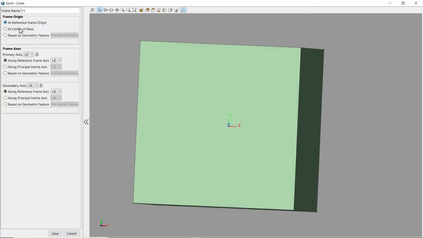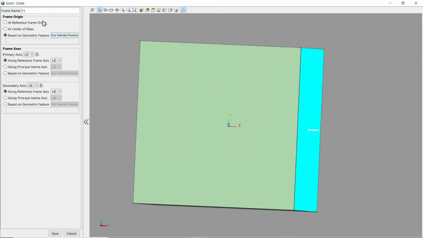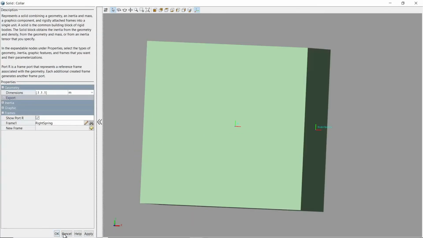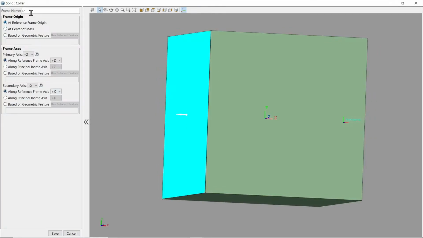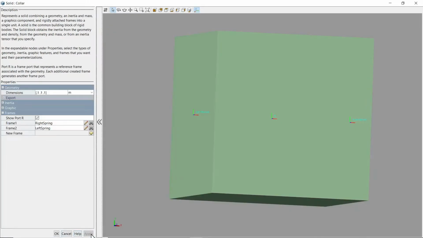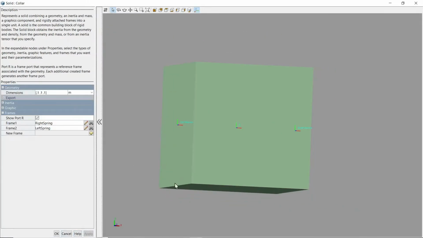We just need it here on this face. Spring. Apply. F5. Okay, that looks better. And now another one here on the left side. We're going to call it left spring. Save. Apply. F5. Okay, then we need one on the bottom.